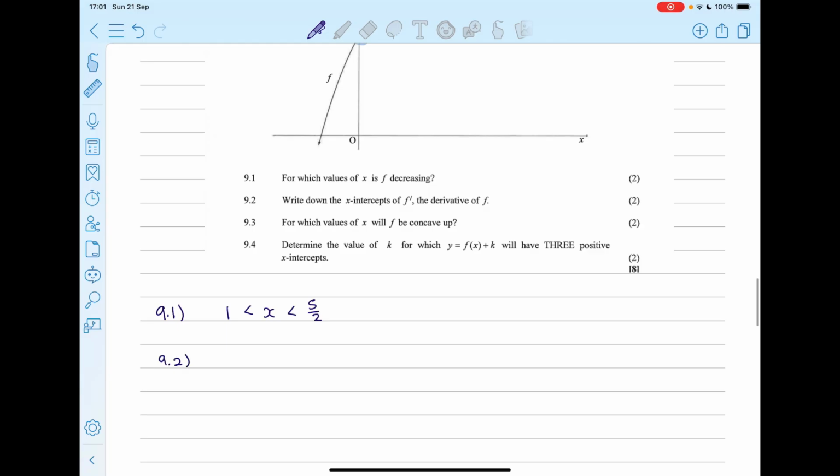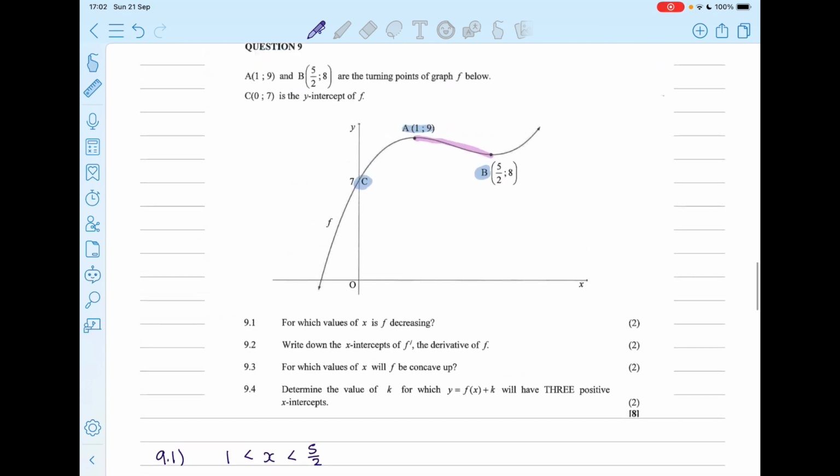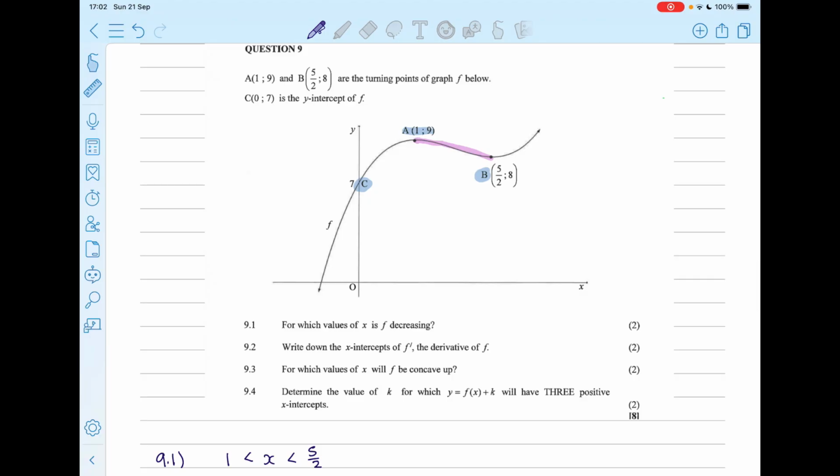Okay, 9.2. Write down the x-intercepts of the first derivative of f. So the first derivative of f will produce a quadratic function. That means where we have turning points, those would be the x-intercepts. If we do a quick sketch of what that might look like on our graph, here we'll draw a dotted line.